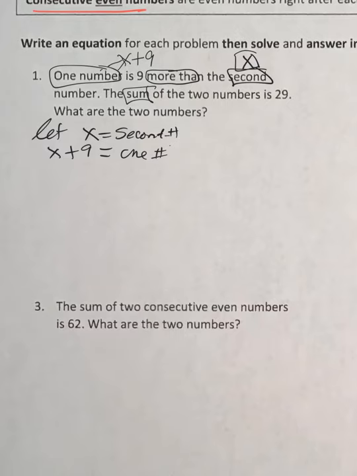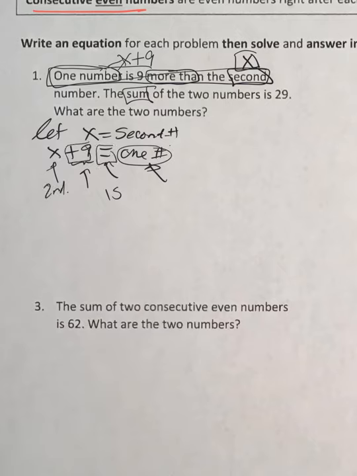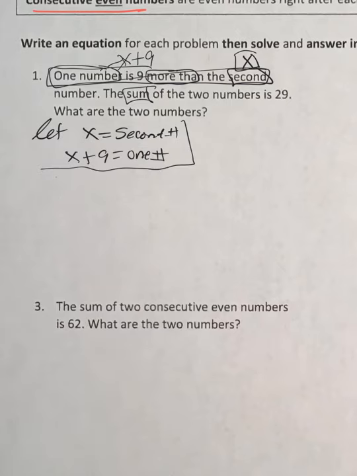Notice how you can read this: one number is 9 more than the second number. Okay, so now we have defined our variables.